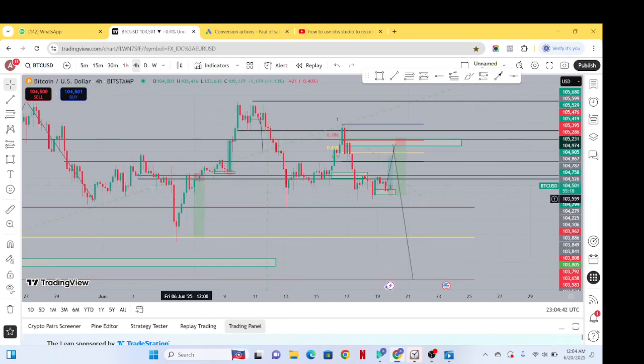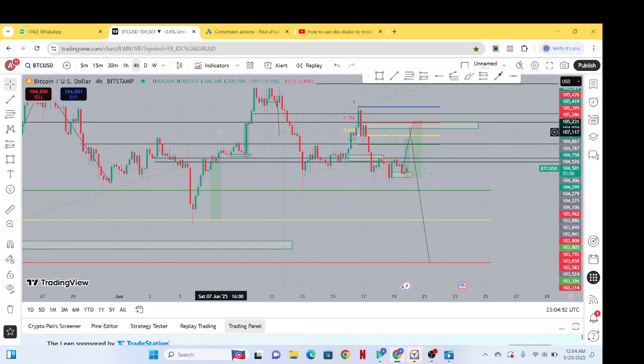After it broke this, I was waiting to see if it would come back to this place and sell, or give us another retracement here and then sell. But unfortunately it did not give any sign of retracing, so I did not take this trade. Let me delete it.